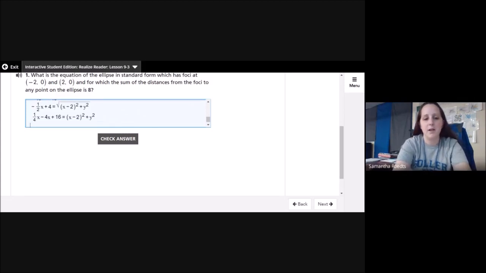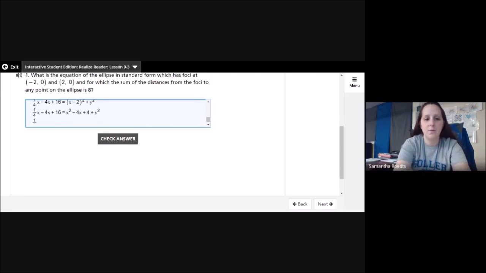Okay, and then I'm going to move everything to the other side. So I have 1/4 x squared minus 4x plus 16 equals x squared minus 4x plus 4 plus y squared.